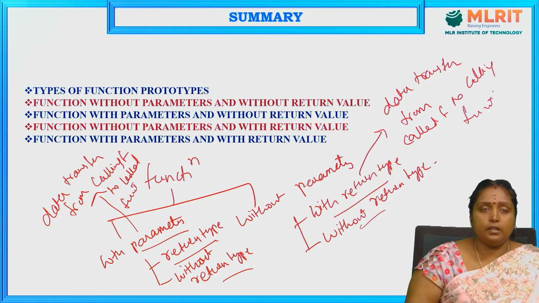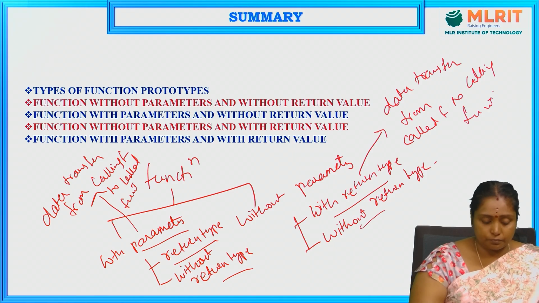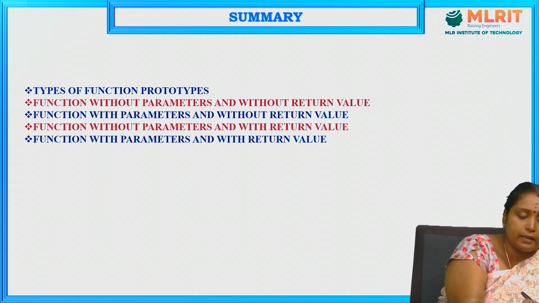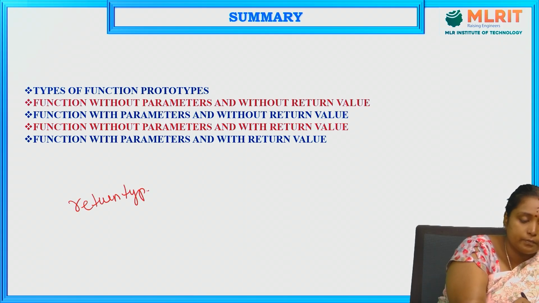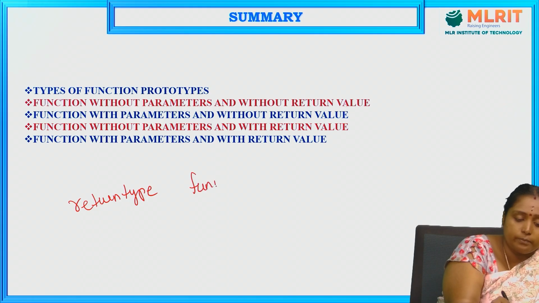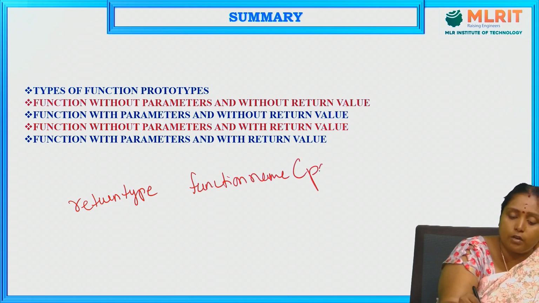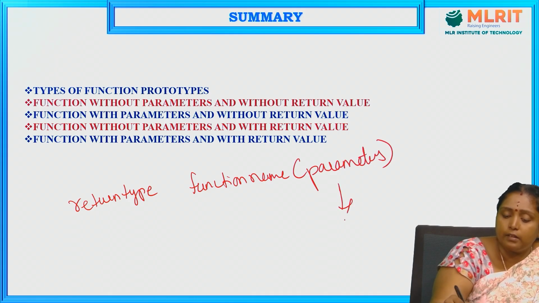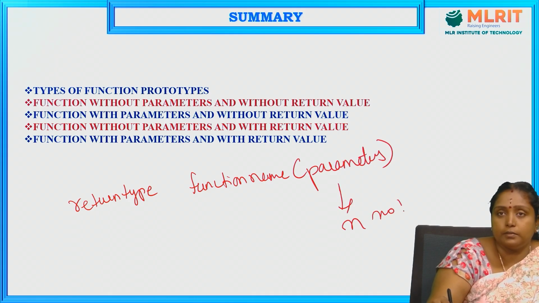We have also seen the function prototype, how the function prototype looks. You will have the return type, function name, followed by parameters. You can pass any number of parameters here.